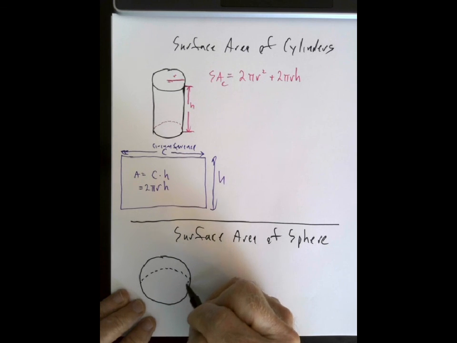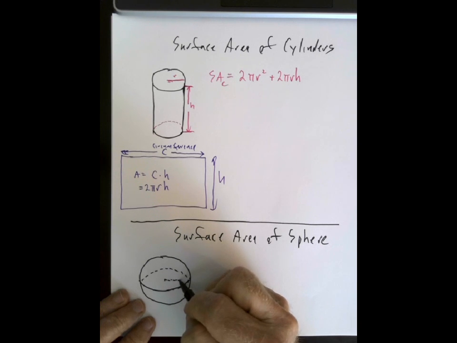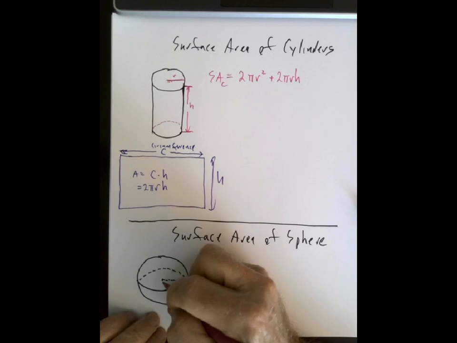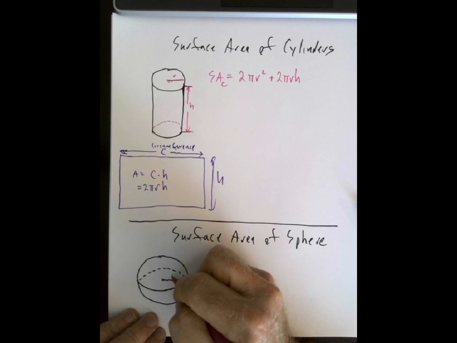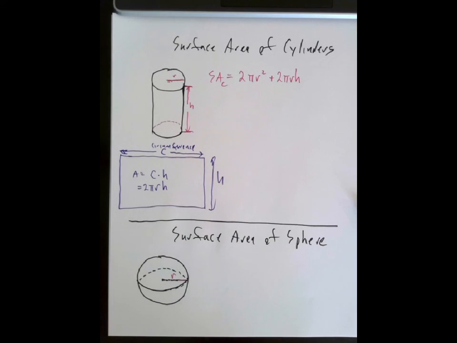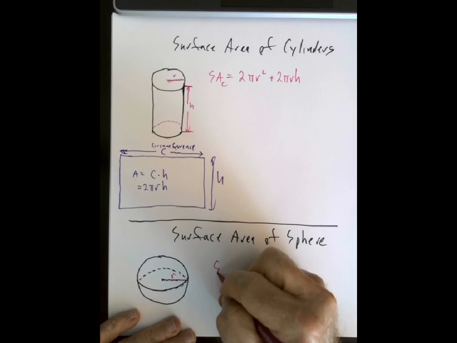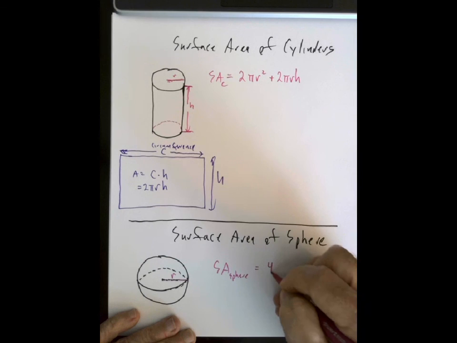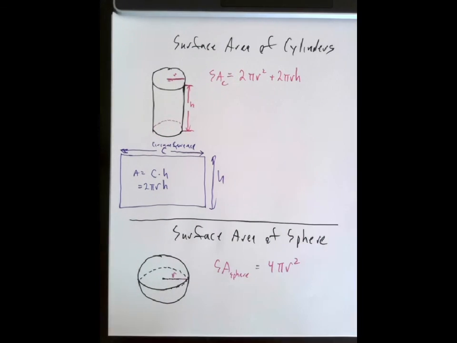It takes a certain amount of higher math, just like for the area of a circle, to explain where this formula comes from. But having said that, it's pretty simple. All you need to know about the surface area of a sphere is the radius. And it turns out that the surface area for this sphere is equal to 4 pi r squared. That's it. Okay, that gives you the surface area of the sphere.